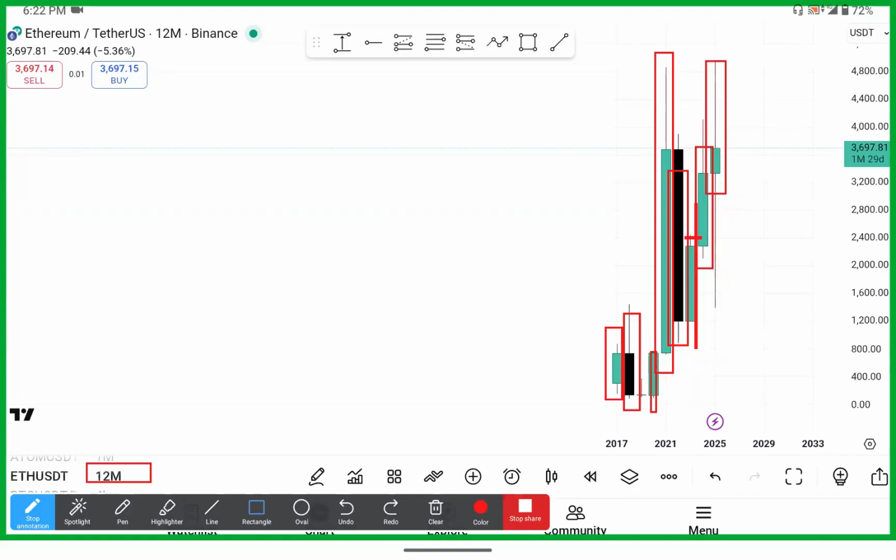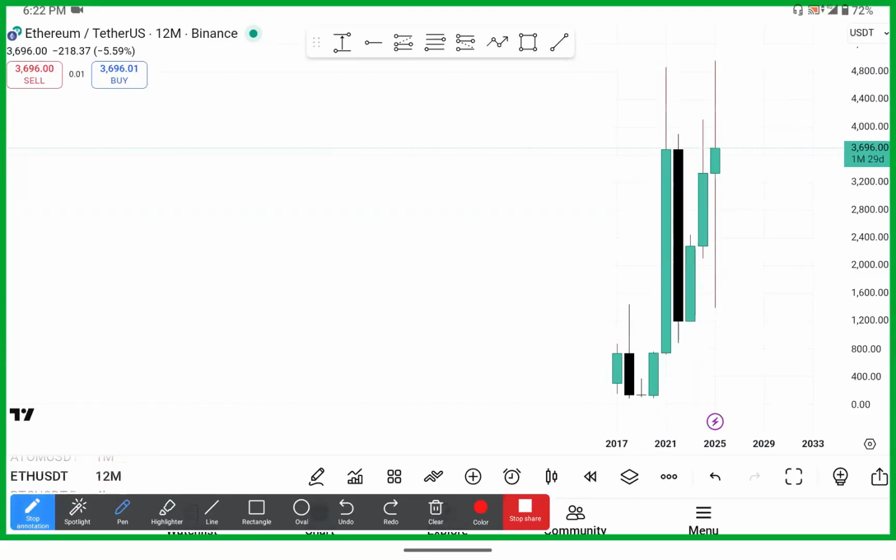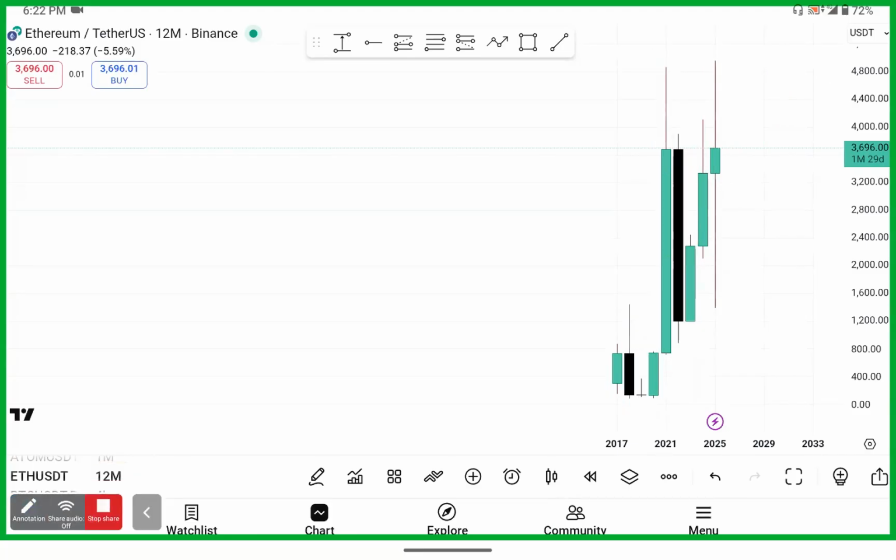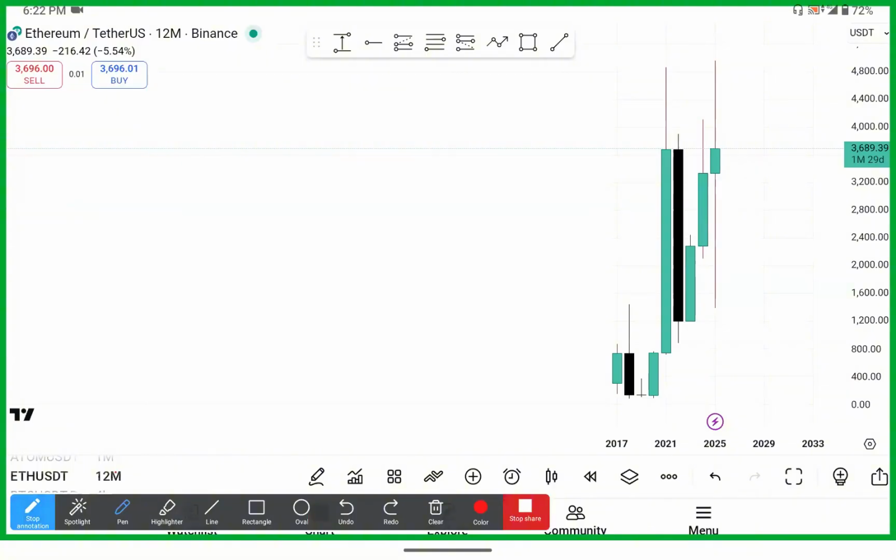This year it has not yet closed, but according to what you are hearing, this year it is bullish. We shall all know that by technical analysis and by practice.